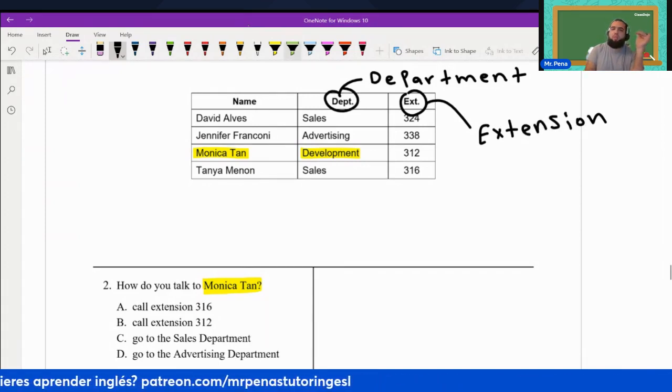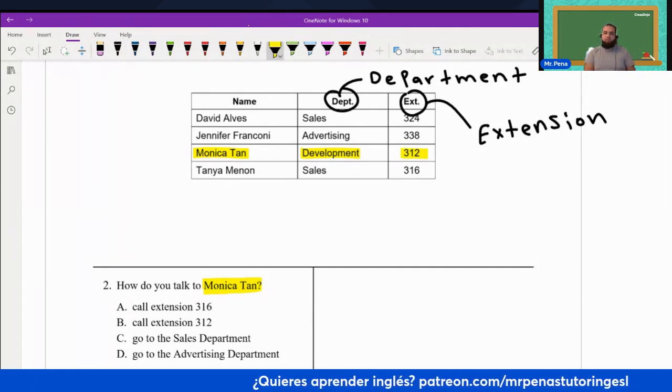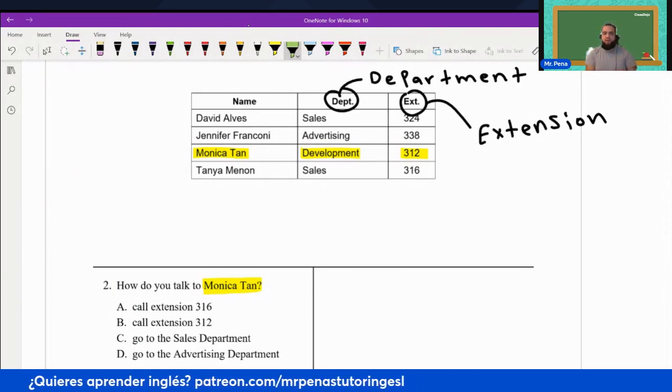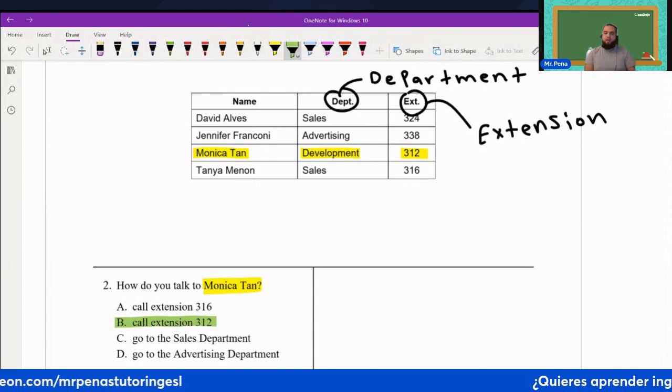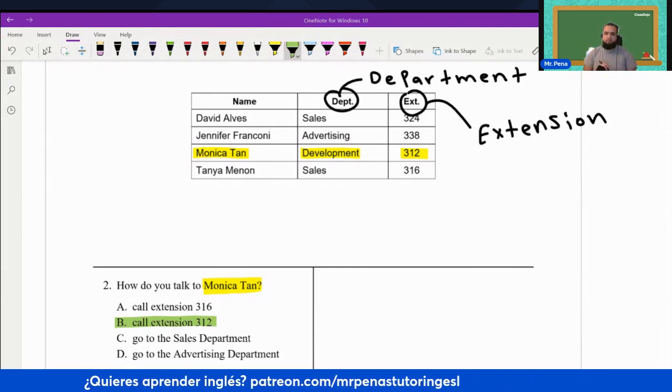And so we call Monica Tan from the development department at extension 312. So the answer to number 2 is B. Call extension 312. By calling extension 312, we get a hold of Monica Tan. Very good.